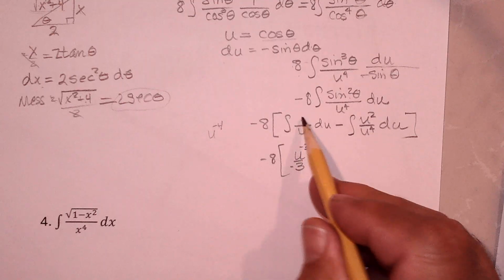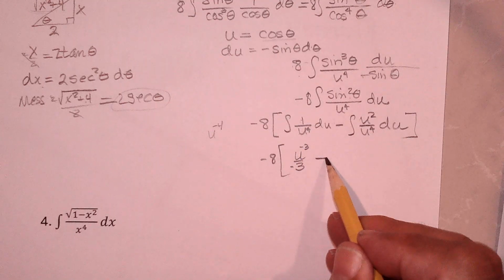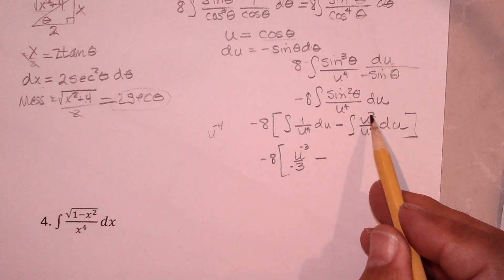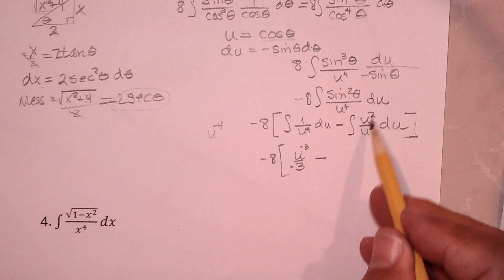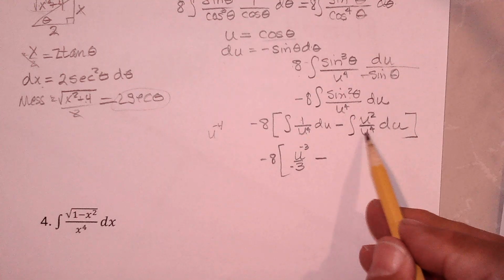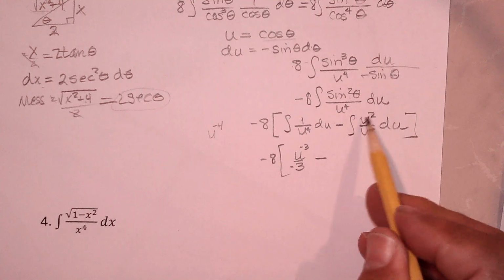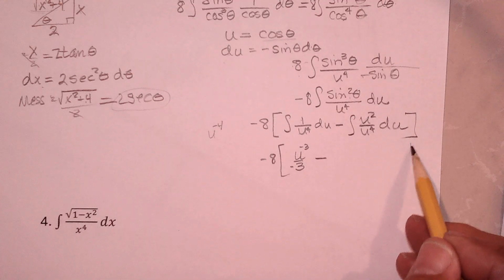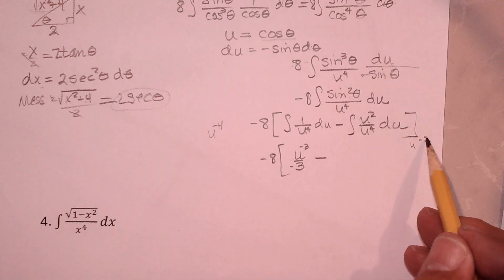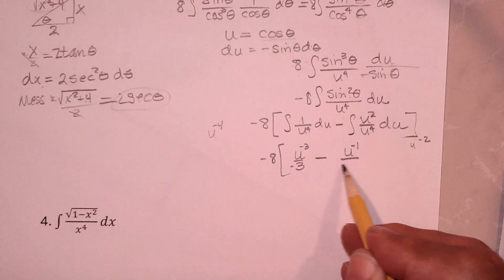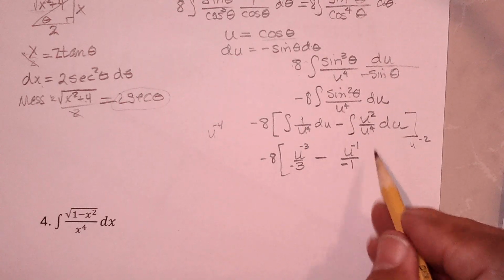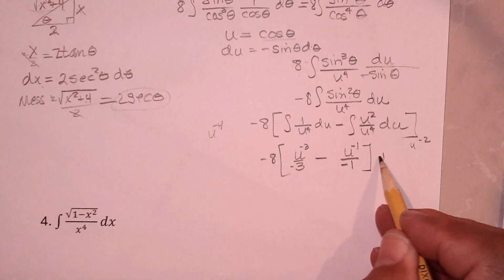That's the antiderivative of this, minus the antiderivative of this. Well, this is u squared over u to the 4th. That's really just, these will cancel 2 of them, and I have u squared in the denominator, or u to the minus 2. So I add 1, and I get u to the minus 1 over minus 1 plus c.